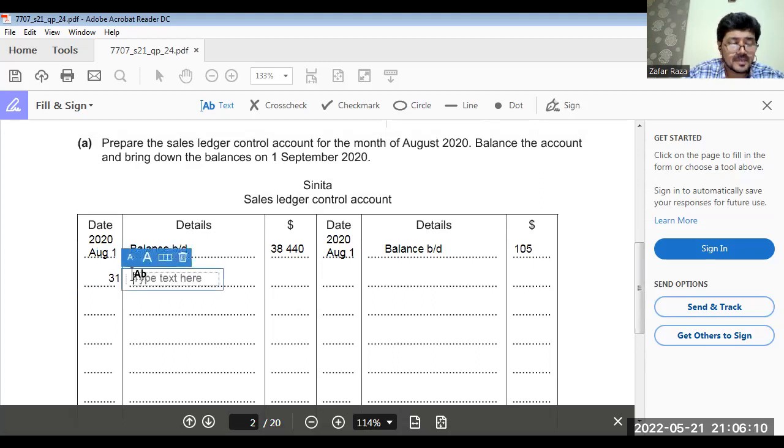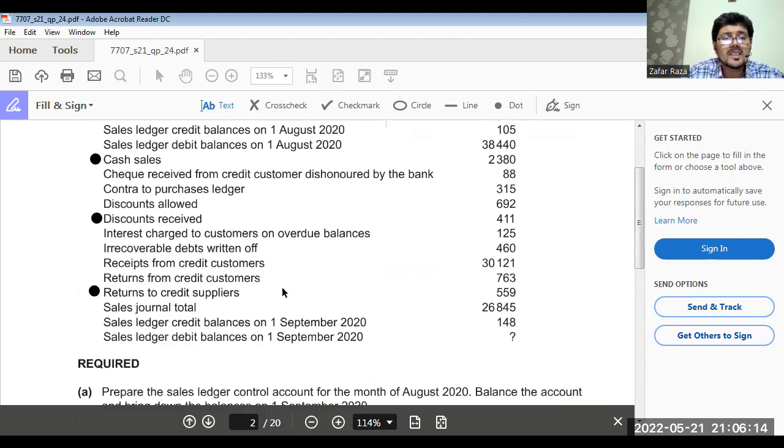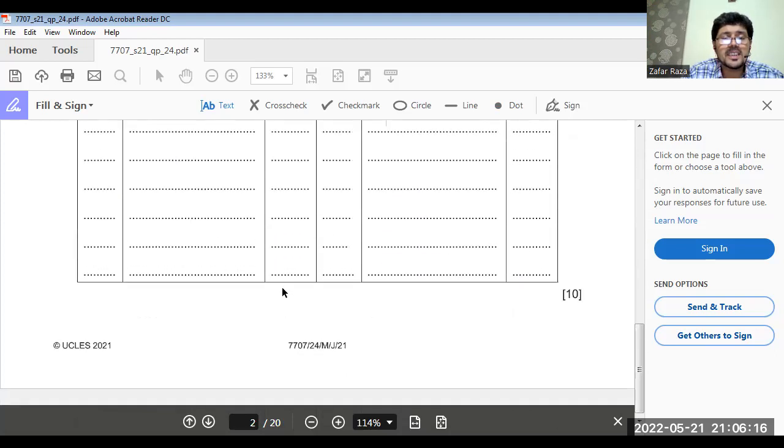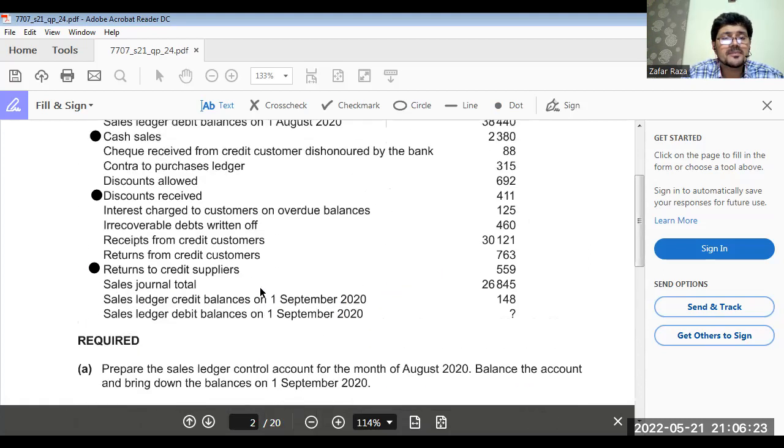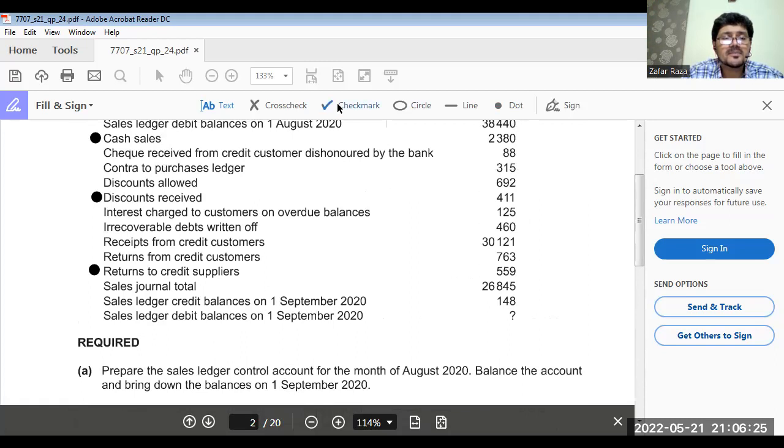Now sales 26,845. This is done. Now this is going to increase the sales ledger control account, so we have to debit them.